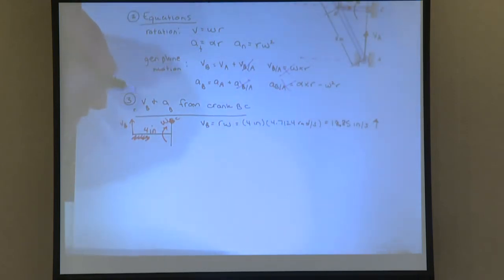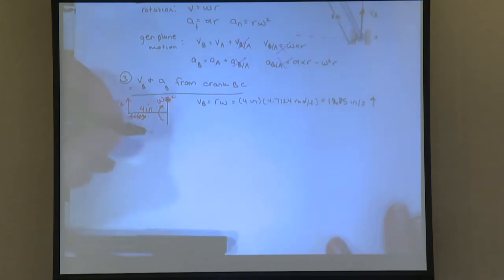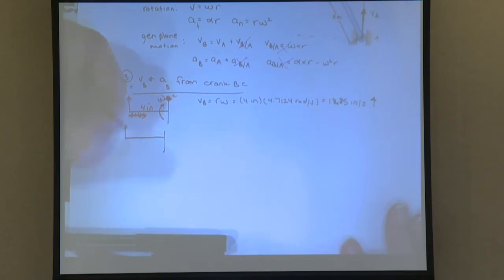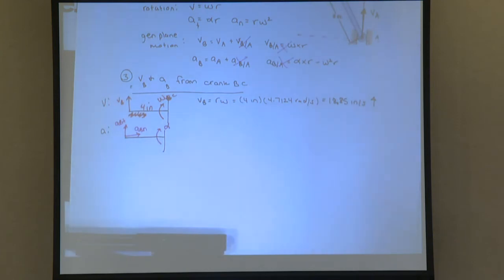And then, this is for velocity. Then for acceleration, it's going to look very similar. So we would have, just drawing the general equation again, ABT, ABN, and then instead of that we would have alpha.